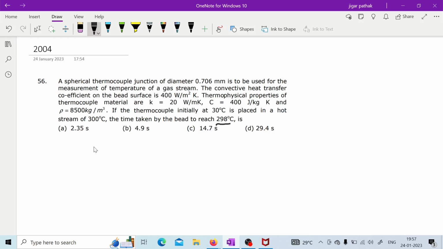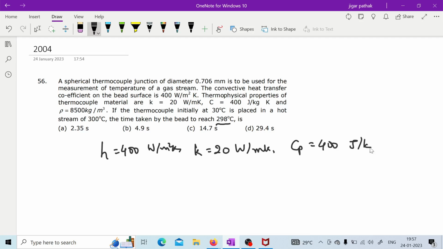So what is given here is the heat transfer coefficient, 400 watt per meter square Kelvin. Then this thermal conductivity, this is 400 joule per kg, kg per meter cube, right?